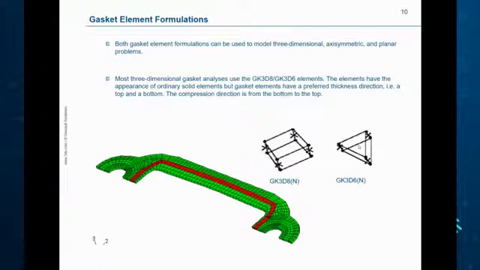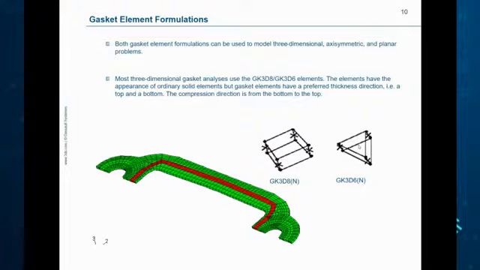Both gasket element formulations can be used to model 3-dimensional, axisymmetric and planar problems. Here you can see an example of what are called area gasket elements, GK3D8. So gasket 3-dimensional with 8 nodes. You could also have the normal type, and there's a 6-noded version of that.